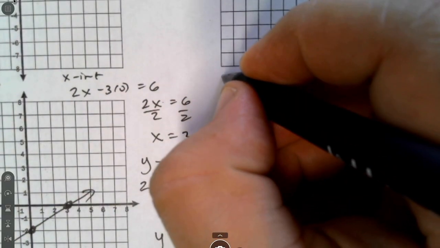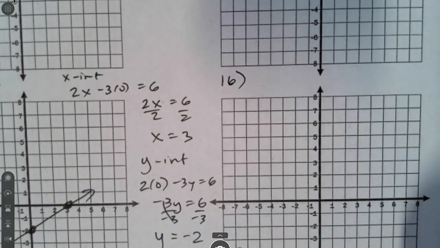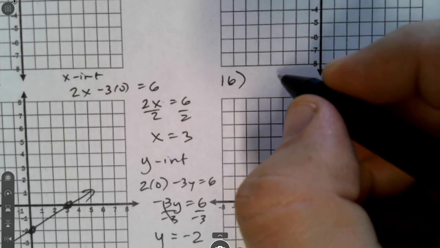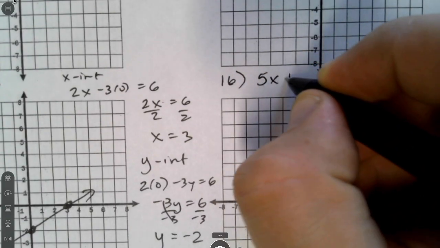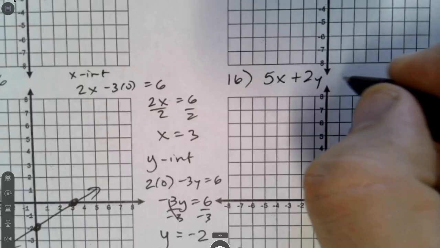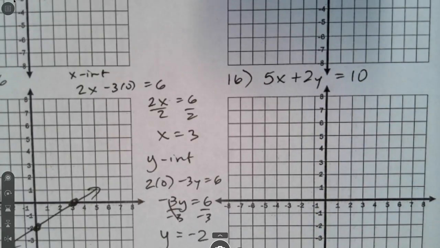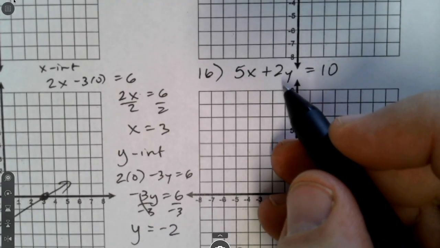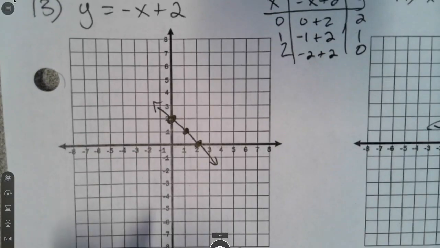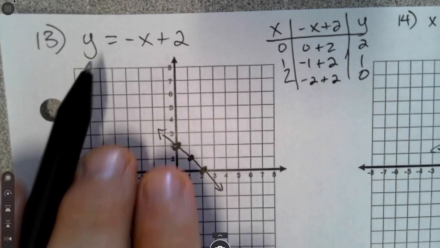Okay, 16 would also be an easy one to do with the x-intercept and y-intercept, but just for practice, I'll do the table on this one as well, because it's good to remind you also that when we are doing a table, we have to get y by itself. So that was already true in number 13. Y was already by itself.